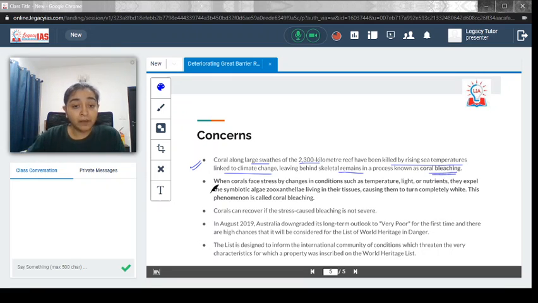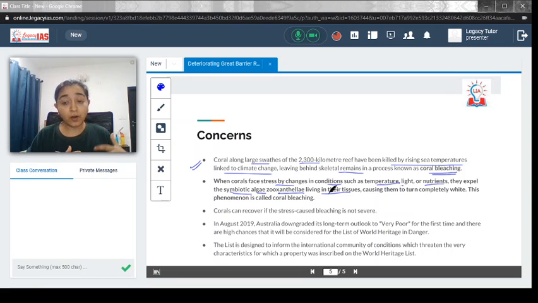What happens when corals face stress from changing conditions like temperature? When there is a temperature rise or more nutrients, they expel the symbiotic algae zooxanthellae living in their tissue. This is what happens when the corals feel stress because of the change in temperature. They do away with the symbiotic relationship they have with the zooxanthellae.